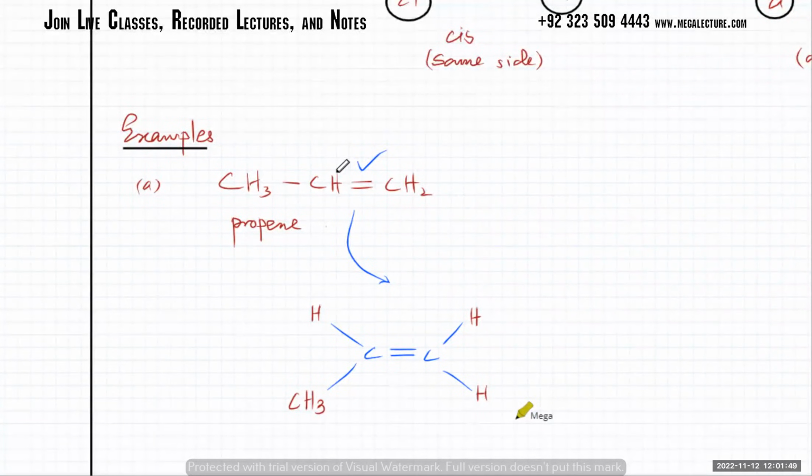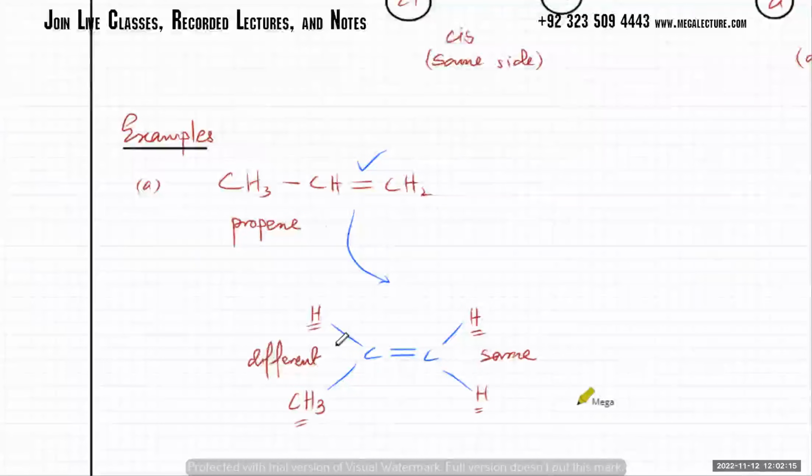The conditions: you've got a double bond, and I told you both groups attached to it should be different. So here it's fine, it's different. Yes sir, but on the other side it's not. Yes, on the other side it's the same. So that means it will not.